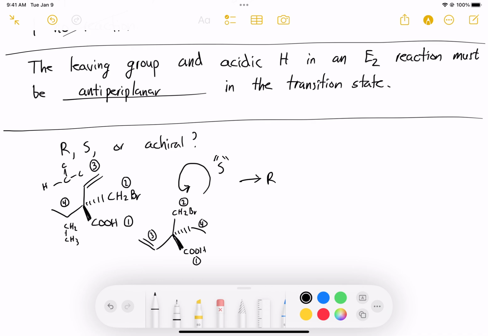So let's not waste any more time on this. Yeah, I'm not sure why it's not. It's looking so oddly here because it looks like it's S. Did I get the substituent wrong? I don't think I did. Right? Yeah, I'm not sure.